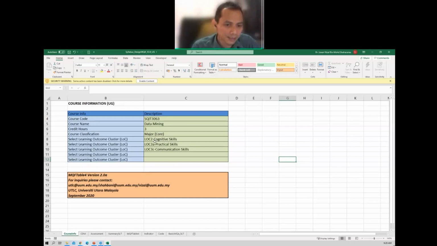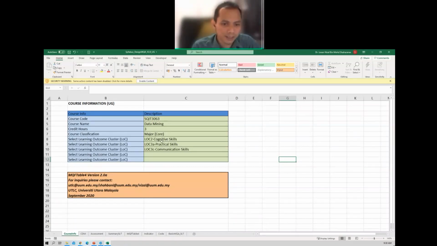The more clusters you map to your subject, the more assessment needs to happen, and the more rubrics you need to develop. So for my example here, I need to have a rubric for communication skill, a practical skill rubric, and also a connective skill.